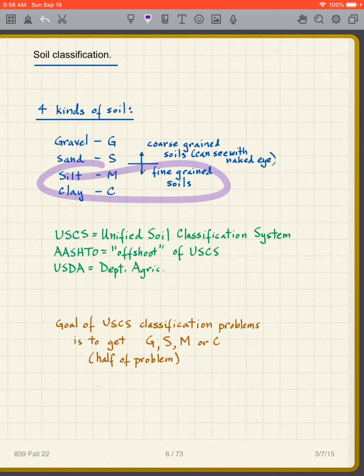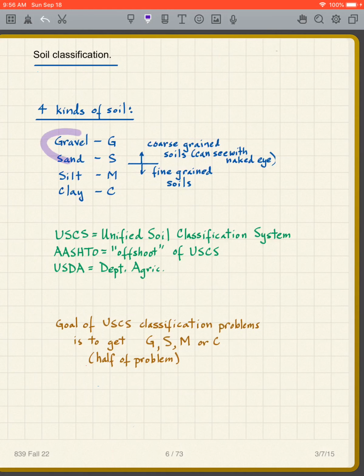If I add water to sand, it doesn't really change much. If I add water to gravel, it doesn't really change. If I add water to the flour in your kitchen, it makes a paste. Completely different. Same thing with silt and clay. If I add water to silt and clay particles, I'm going to make a paste. It reacts completely differently to water.